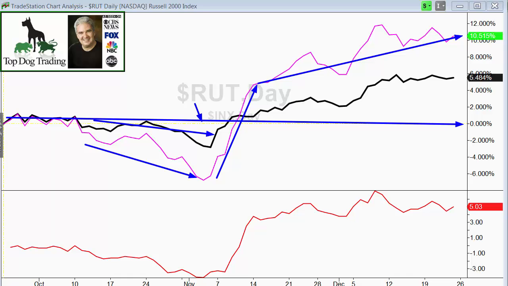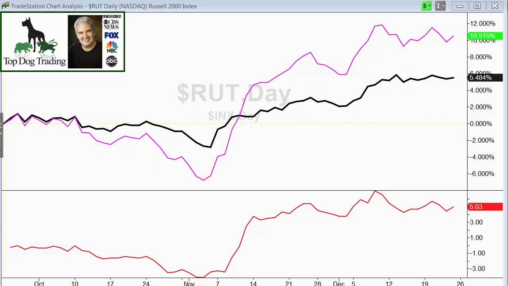So you could look for a simple cross of the two markets here. All right, that's one way. Another way is to use an indicator like this, which is just a simple mathematical formula. It's called the spread, or sometimes the difference, and all it does is measure the difference between these two lines.